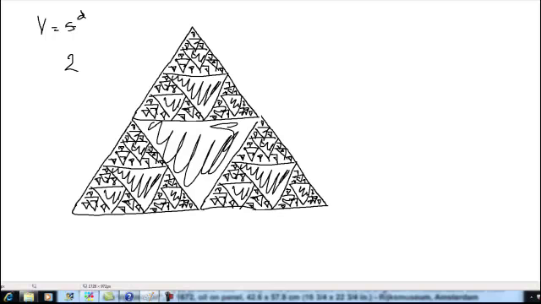And then from the 3 resulting triangles, I remove their middles, and go on infinitely.